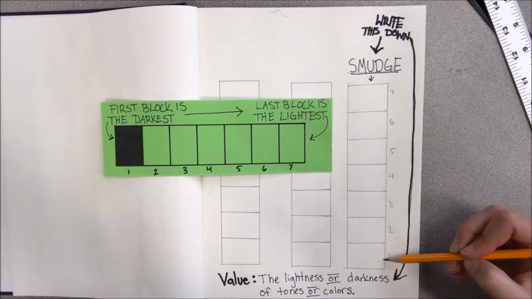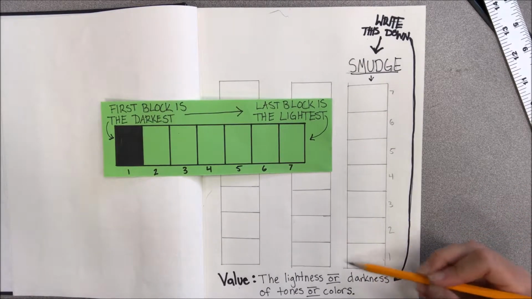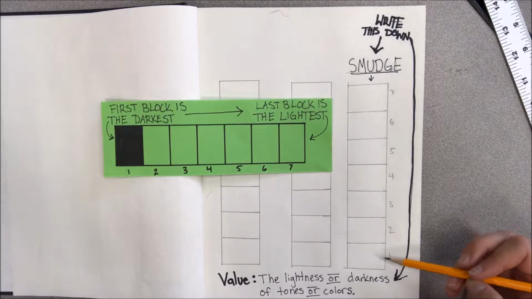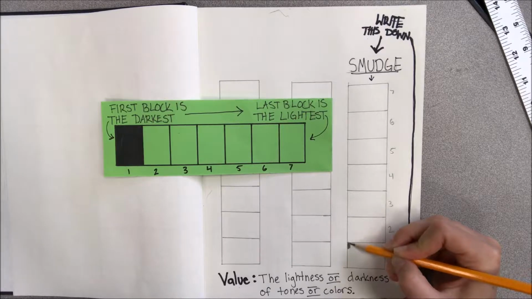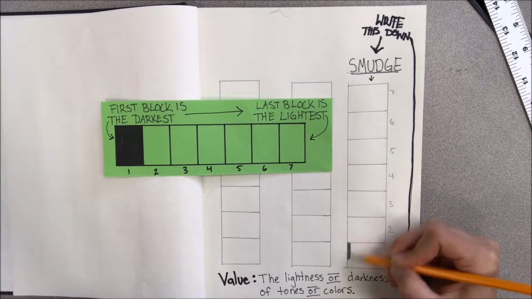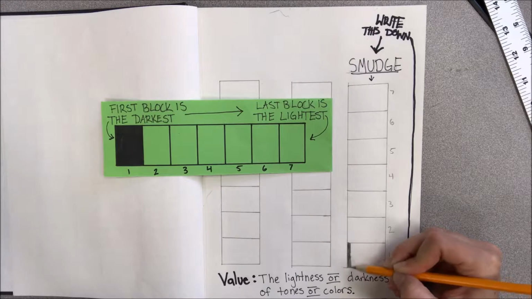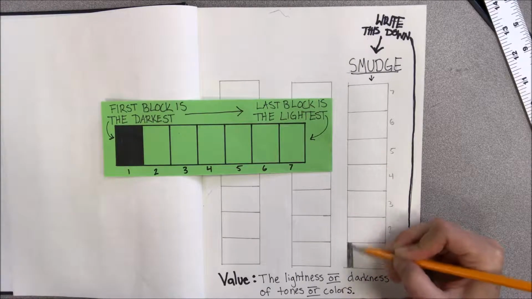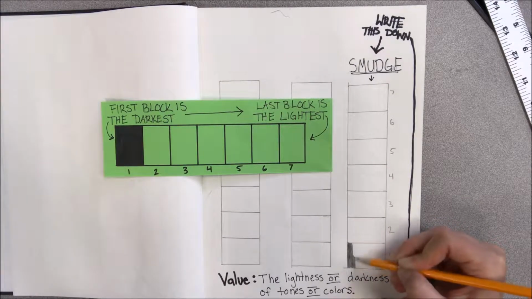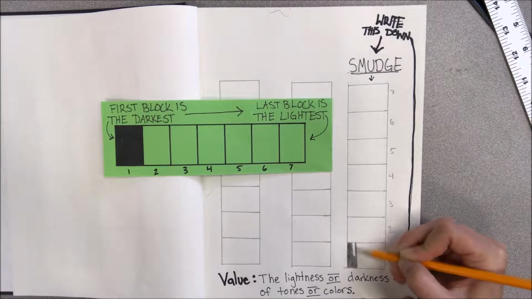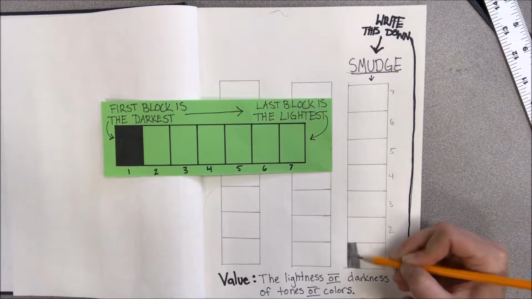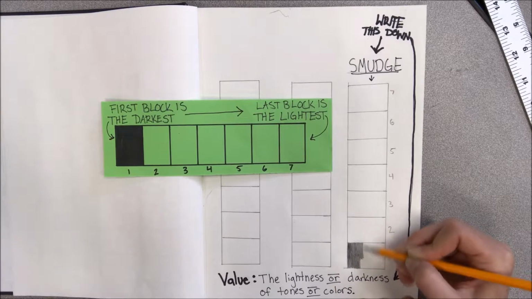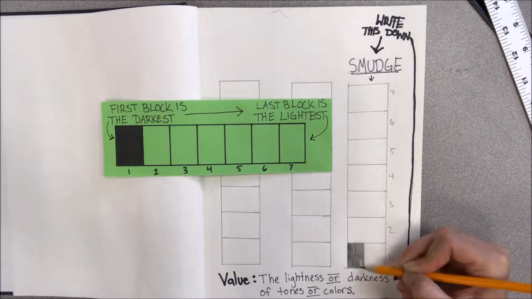For this block here, I'm going to fill this space in as dark as I can with my pencil. You will notice as I do this, I am careful to shade in one direction. By shading in one direction, I get an even color, even tone.